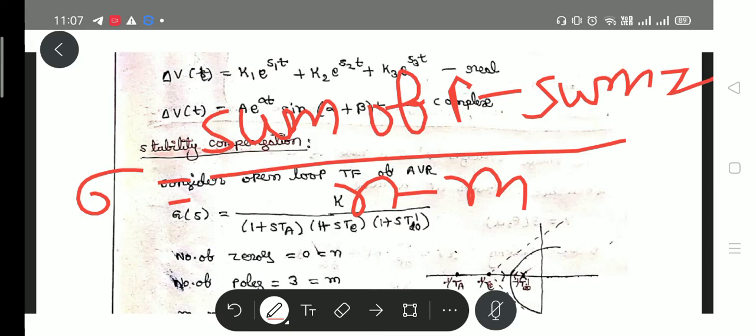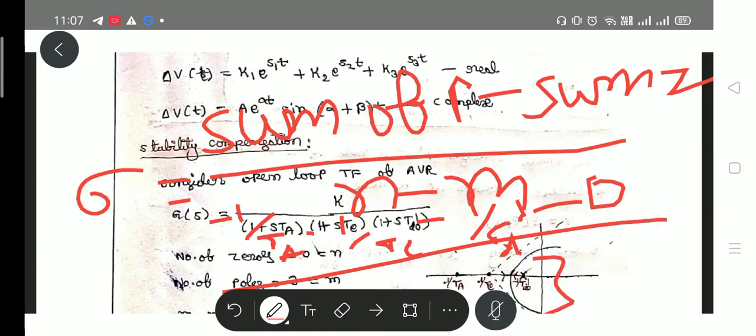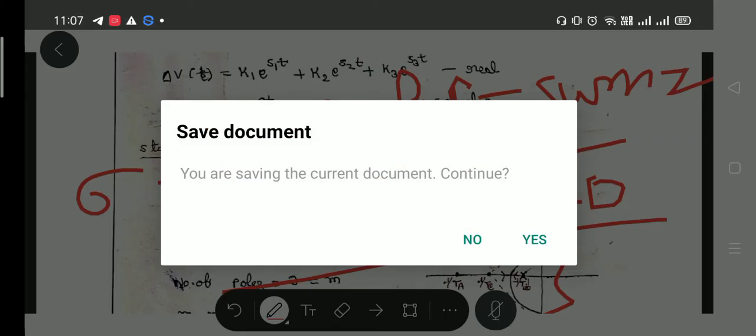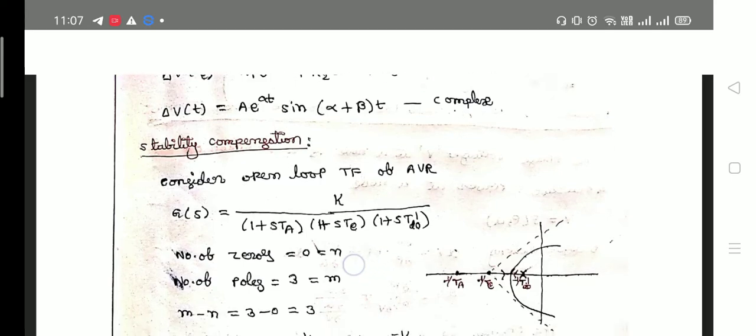We can substitute the poles first. The poles are minus 1 by TA, minus 1 by TE, minus 1 by TD naught, minus 0, by 3. We don't know the values, so we cannot take the centroid directly. If we have the values, we can take the centroid value.